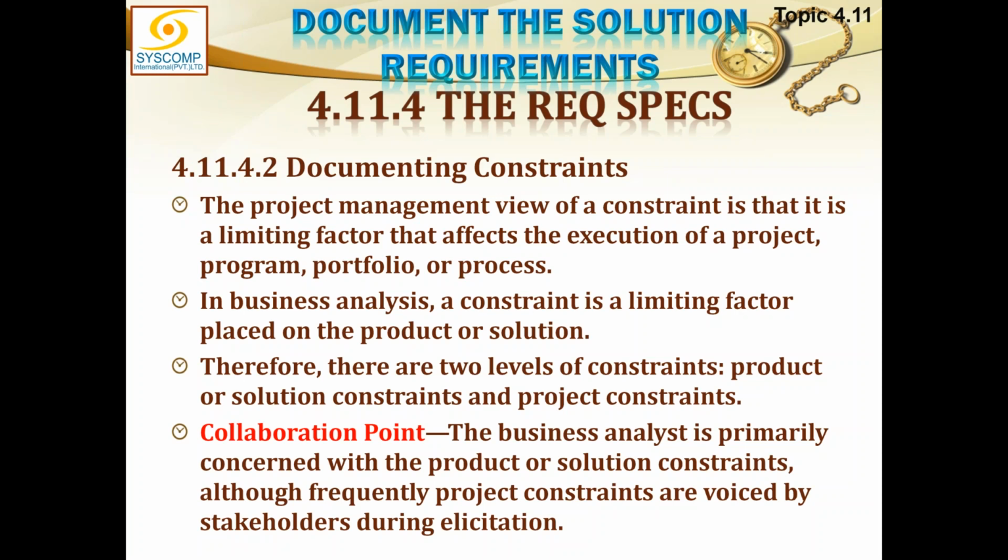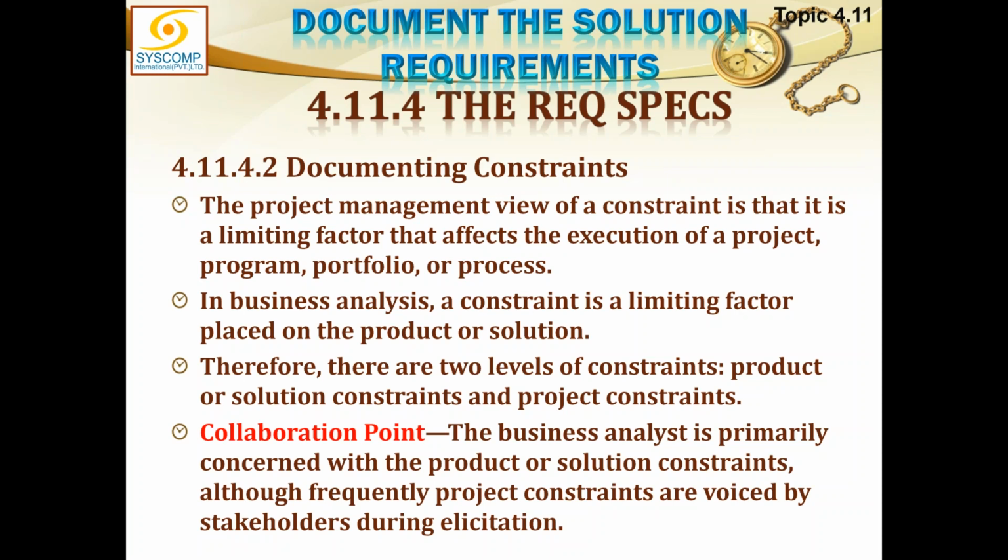Project manager is responsible for the project requirements, so he would be more worried about those constraints dealing with work, whereas business analyst is concerned about those constraints dealing with the product itself. Therefore, there are two levels of constraints: product or solution constraints and project constraints.